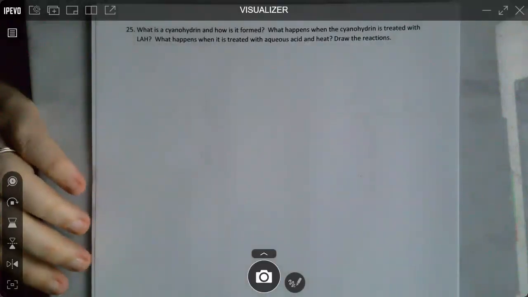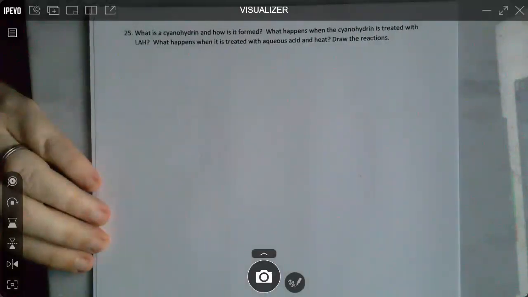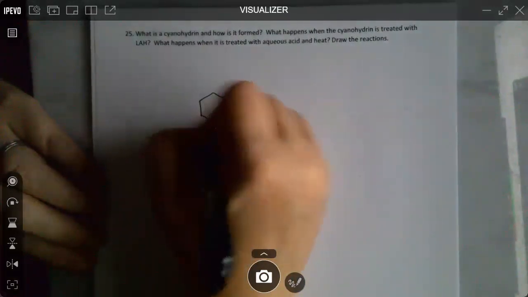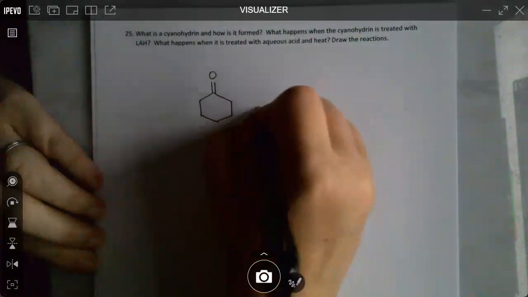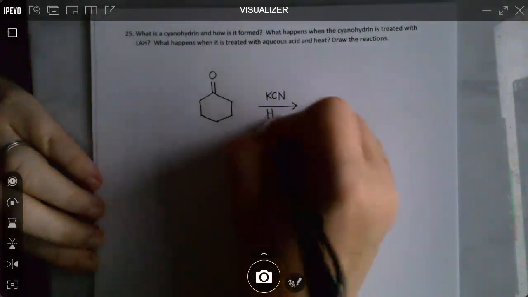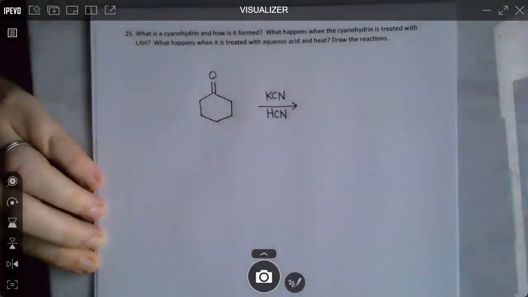What is a cyanohydrin and how is it formed? So a cyanohydrin is formed from an aldehyde or a ketone being treated with potassium cyanide and hydrogen cyanide.